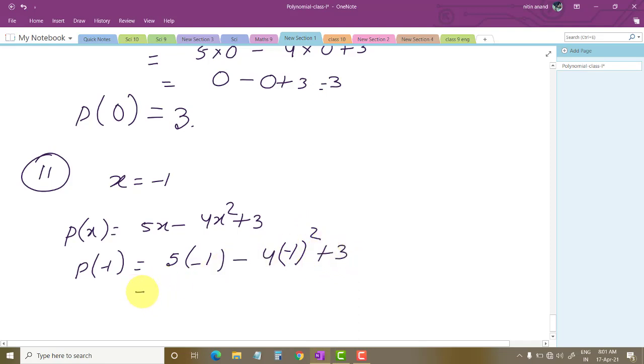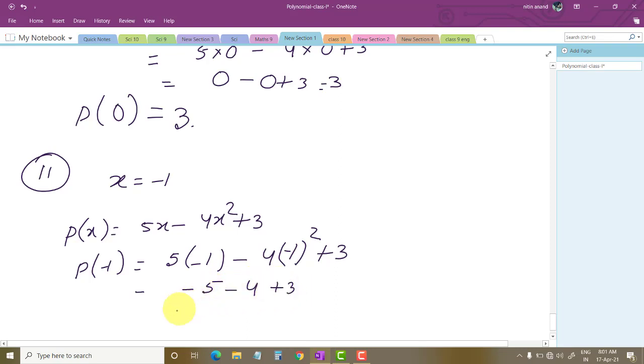Okay, now see, this becomes 5 into minus 1, that means minus 5. This is the square of minus 1. The square of minus 1 is 1, that means we can write minus 4 and plus 3.